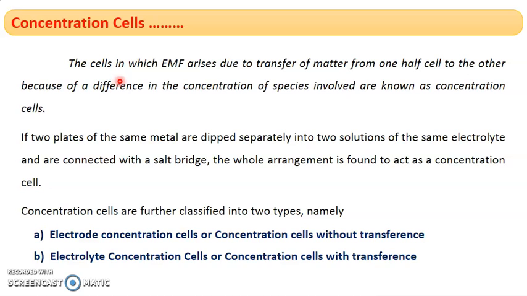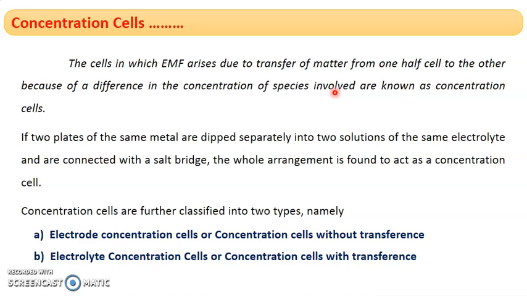So concentration cells are the cells in which EMF arises due to the transfer of matter from one half cell to the other half cell because of a difference in the concentration of species involved. So in concentration cells we get electricity. The reason is that the potential difference arises because of difference in the concentration of involved species. Involved species indicates here either electrodes or electrolytes.